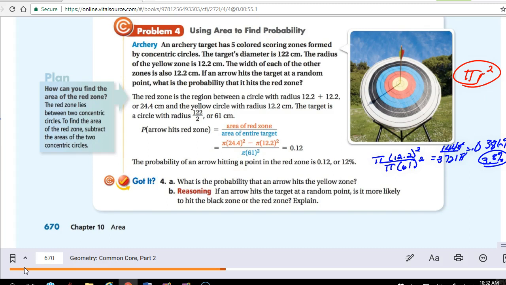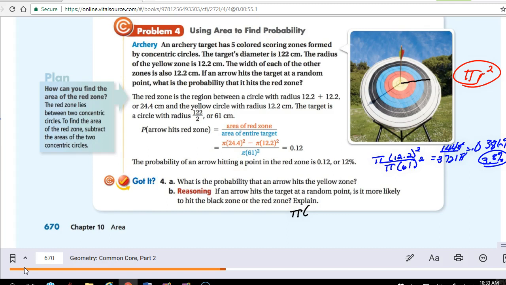But if you want to find the area of the black zone, it's going to be pi times, and again, if you go out 12.2, another 12.2, another 12.2, another 12.2, that ends up being 12.2 times 4 sections.